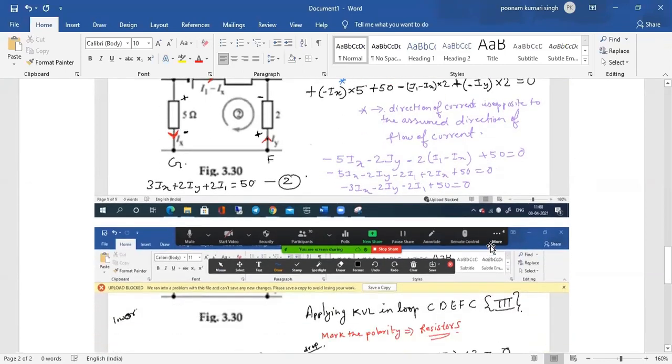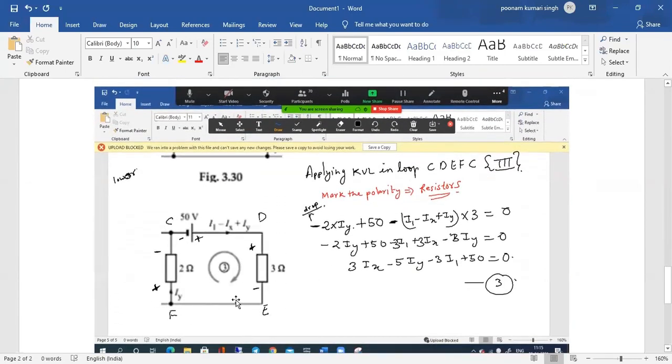Okay. Now the last part, where we have this particular loop. So we'll again move in clockwise direction. Based on the direction of current, we'll mark the polarity as plus minus. Here also plus minus. So when I move here, it is 2 into Iy with a minus sign because of the drop, plus 50 because of rise in potential, because we are moving from lower to higher potential, and again a voltage drop since the current is entering here and leaving out here.